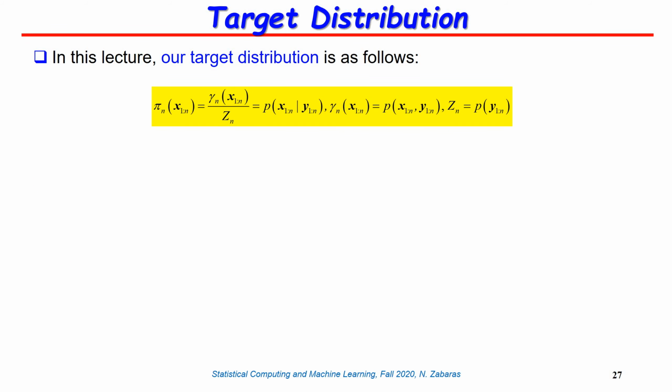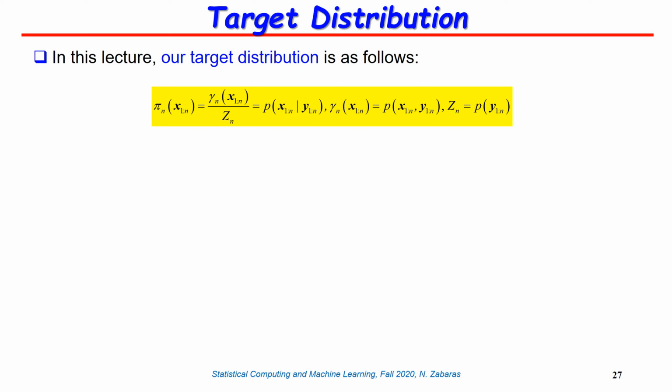All right, so let me introduce a notation for the target posterior distribution. So I'm going to call the target posterior distribution pi n of x1:n. Obviously, the subscript n is going to remind me that this is the posterior at time n. The argument here is going to remind me that this is a distribution in the variables x1, x2, up to xn, and I don't show you explicitly the observations, right?